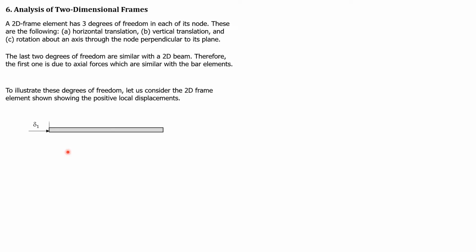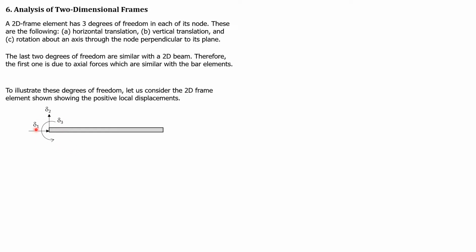So that's the axial effect. Then we have the shear effect, delta 2. These are the positive displacement directions. Then the rotation, call that delta 3. So the marking, remember, horizontal movement is 1 or K11. Then the vertical movement is K12.